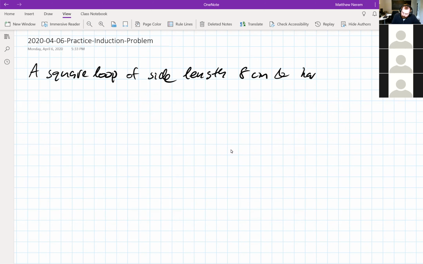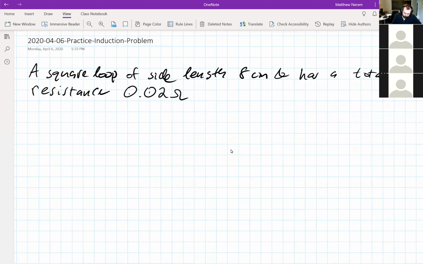Let's make that a little bit clearer. Okay, so we have a square loop, 8 by 8 centimeters, and I'm giving you the resistance of 0.02 ohms, right?